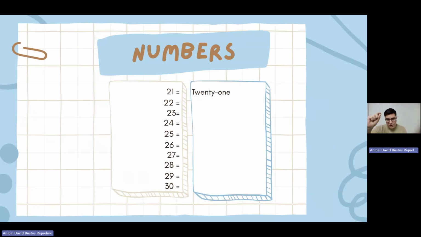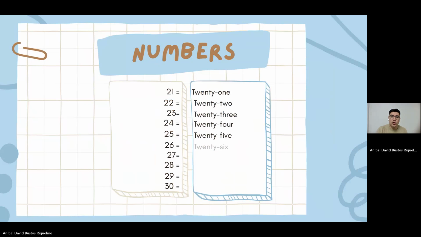All the numbers that we have here. 21, 22, 23, 24, 25, 26, 27, 28, 29, and then we have, of course, 30.